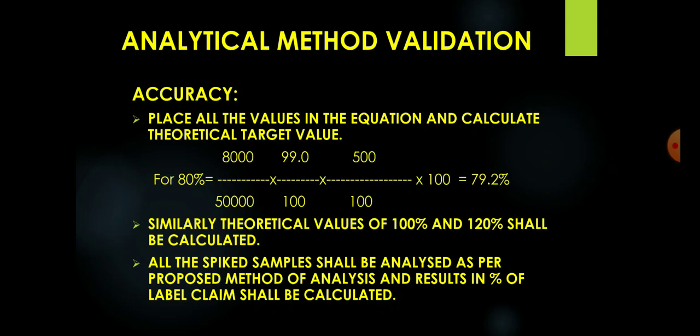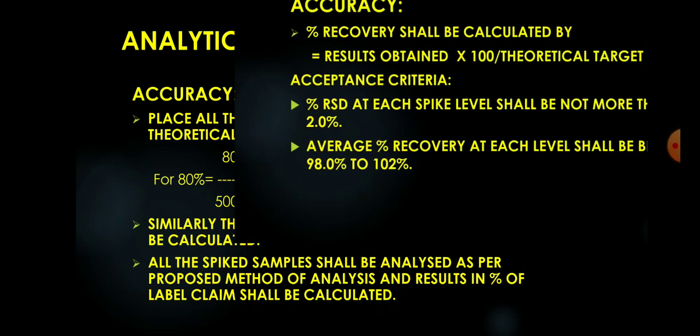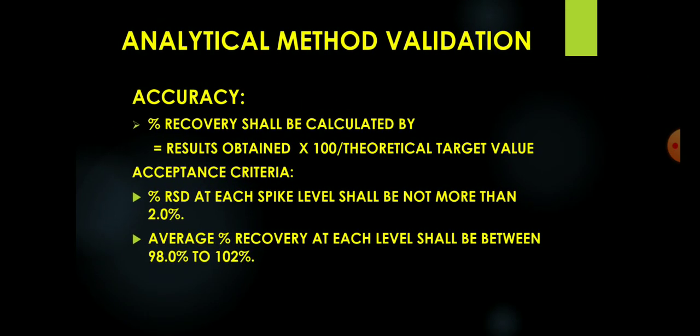Similarly, the theoretical values of 100 and 120% shall be calculated. All the spiked samples shall be analyzed as per the proposed method of analysis, and the results in the percentage of label claim shall be calculated. The percentage recovery shall be calculated by the equation: results obtained into 100 divided by theoretical target value.